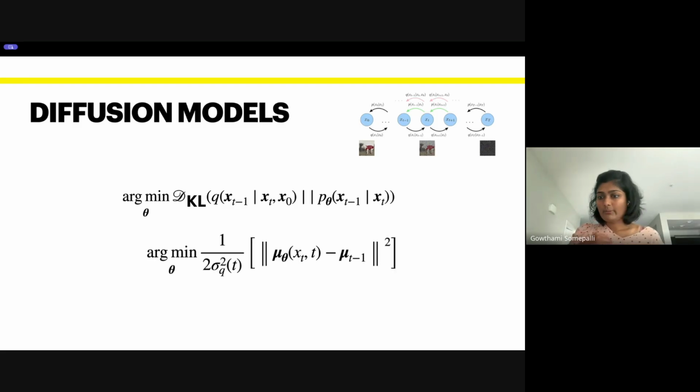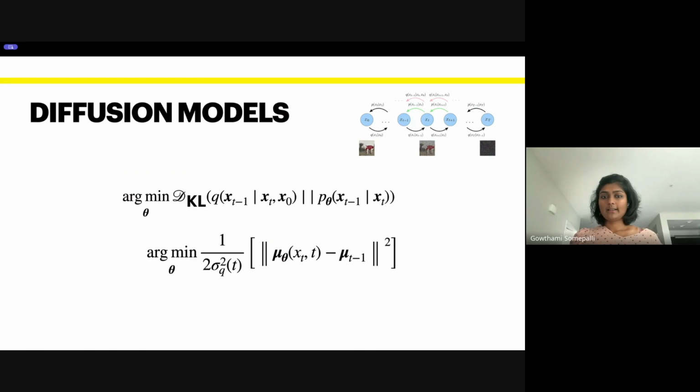If you remember from before, in the basics I mentioned that when you have two Gaussian distributions, and both are isotropic with the same variance, this KL divergence boils down to just the L2 distance between the means of these two distributions.